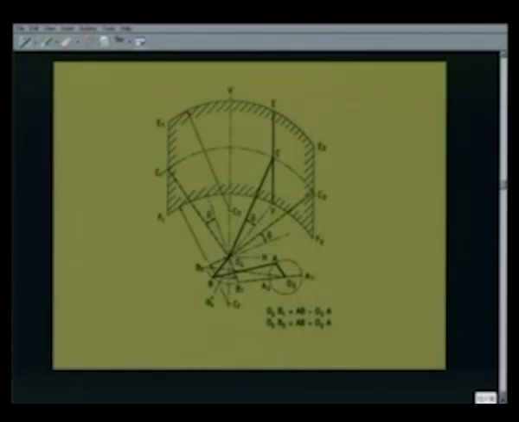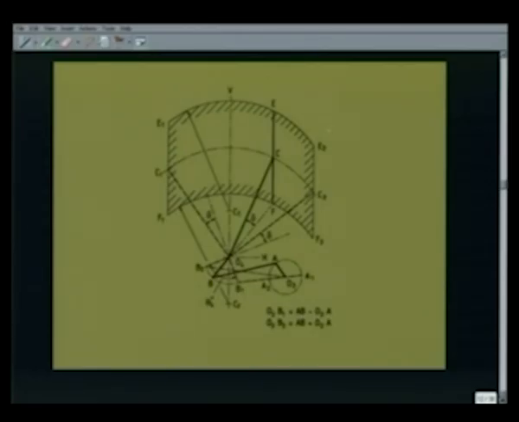Corresponding to B2, I draw this line O4C2 at an angle delta, which was 16 degrees, and corresponding to B1, again I draw at an angle delta of 16 degrees to get C1. So, O4C2 and O4C1 are the two extreme positions of the link 4.